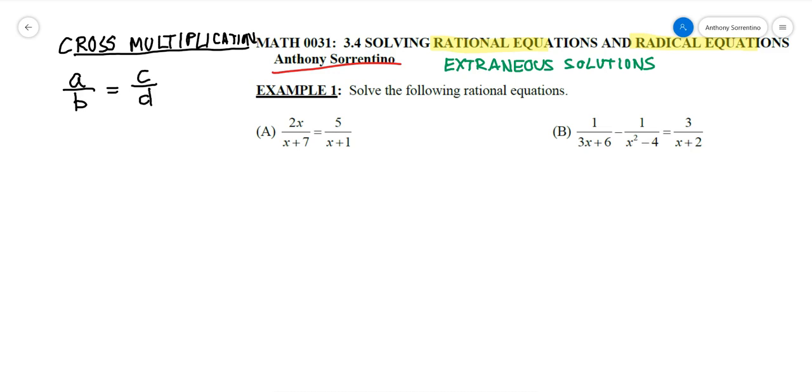I could multiply across the equal sign in a crisscross fashion. So I could say as a result of this, AD would equal BC.